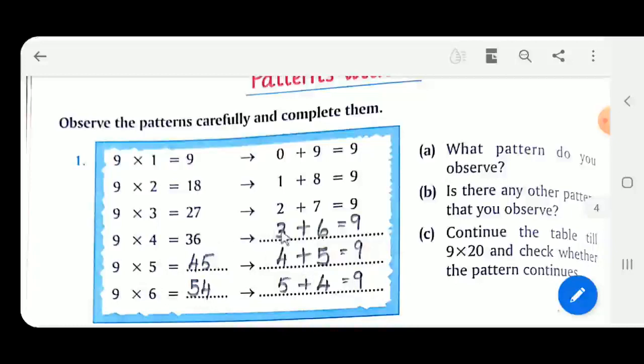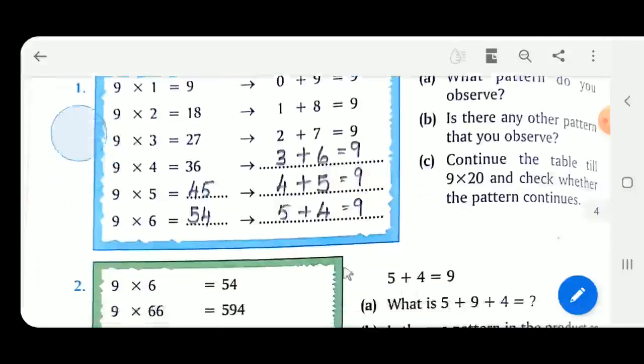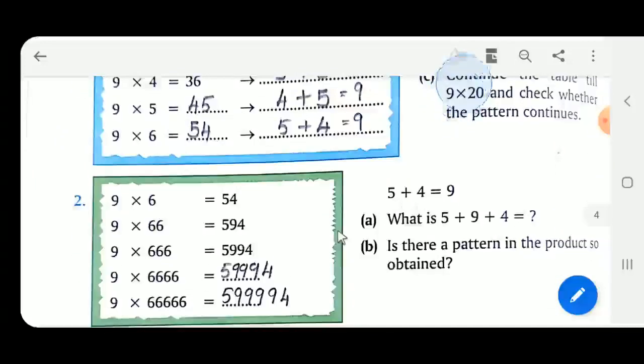So 36, split 36. 3 plus 6 is equal to 9. See, we got the pattern of 9 if we add 3 plus 6. Then 45, if you split, 4 plus 5 it will be 9. Then comes 54. 5 plus 4 is equal to 9. We got the pattern of 9 here.